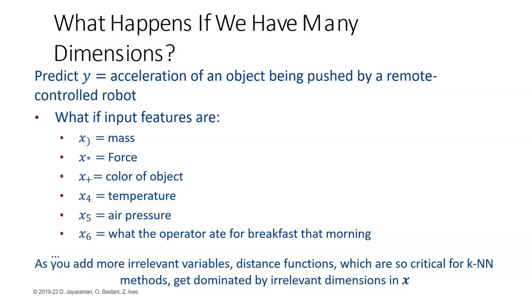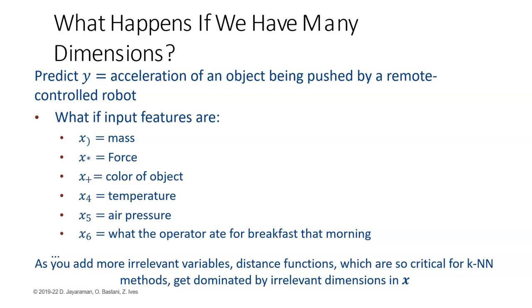What happens if we have many dimensions? For example, predict y equal to the acceleration of an object being pushed by a remote control robot. What if the features are x1 equal to mass, x2 equal to force, and then the color of the object, the temperature, x5 the air pressure, what the operator had for breakfast.